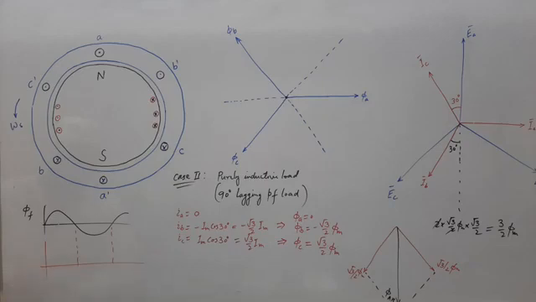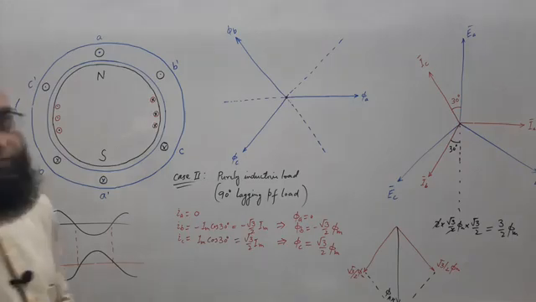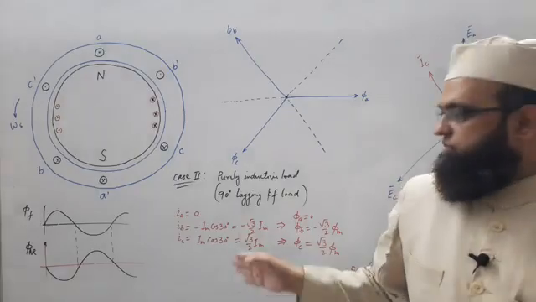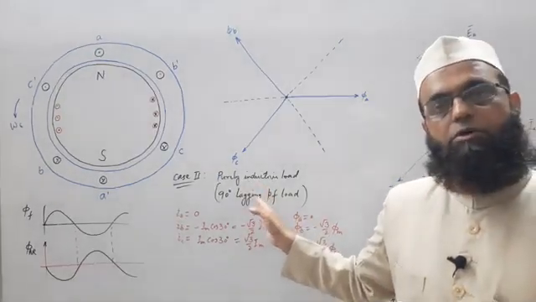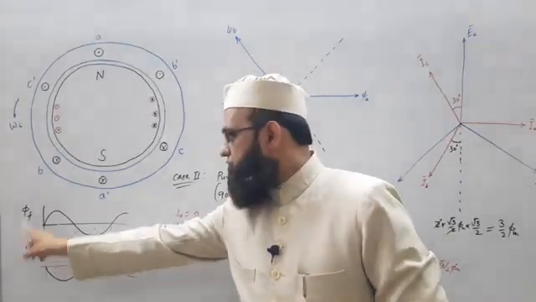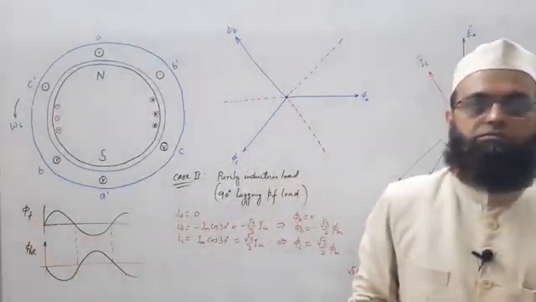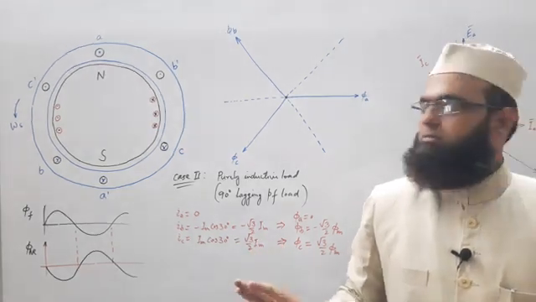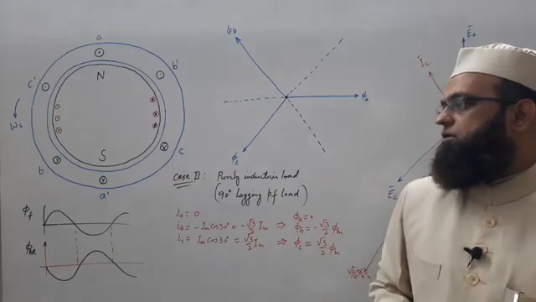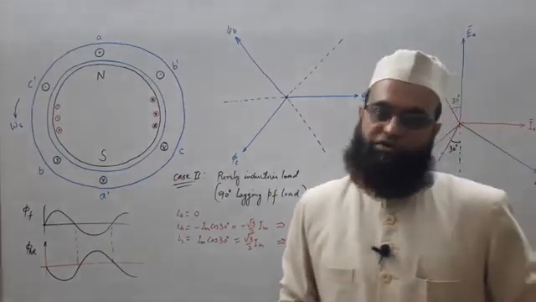So phi AR will be here, and you can see at any moment of time for such a power factor load, this armature reaction flux is opposing the main field flux every time. So this effect is known as purely demagnetizing effect.